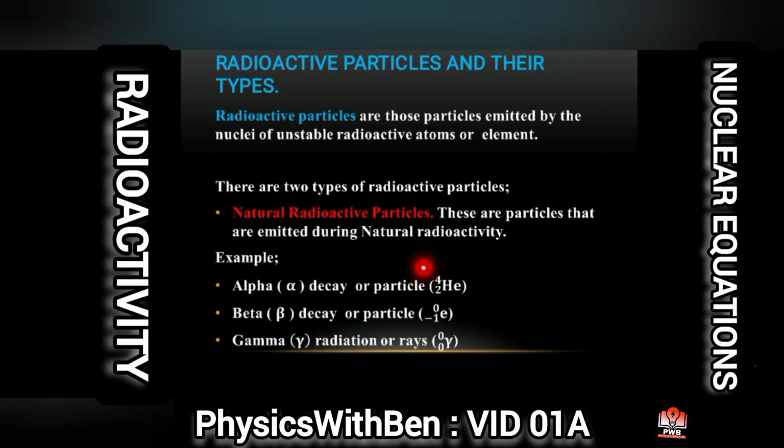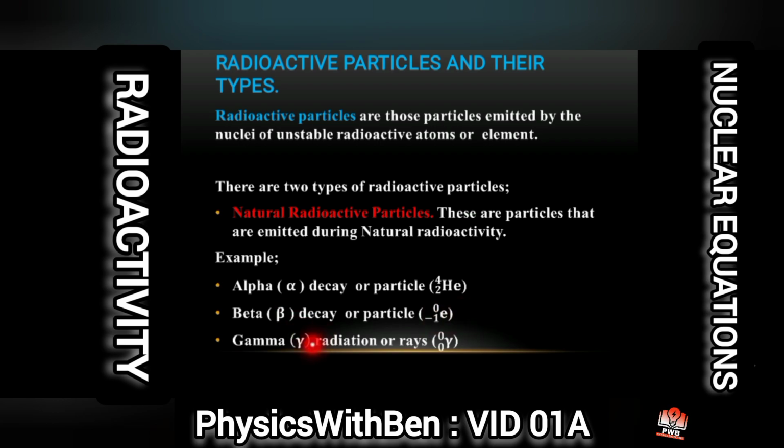So examples of these particles are the alpha particle, represented with a helium atom He with mass number 4 and atomic number 2, and the beta particle, represented with an electron e with mass number 0 and atomic number negative 1.